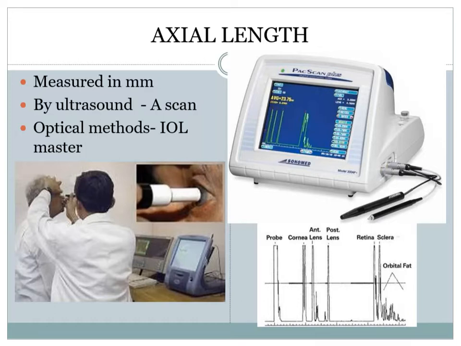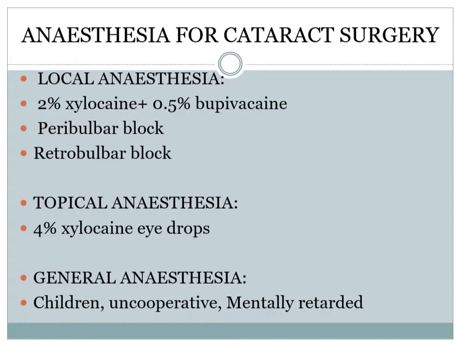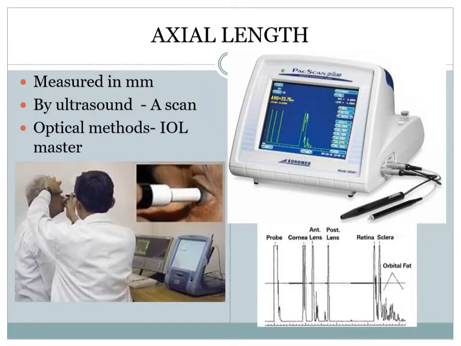I have shown you here an ultrasound A scan machine on your right. These are the probes. The probe is placed over the cornea, and then at the bottom you can see the waves, and the reading comes on the machine.